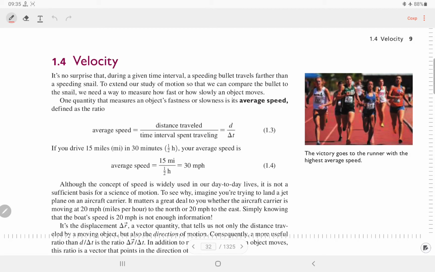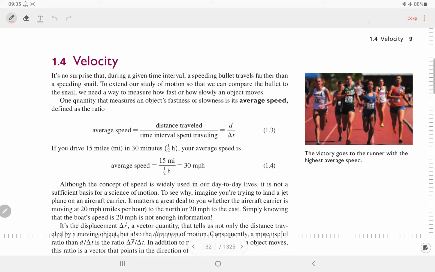This is not velocity because there is no information about direction. You need to draw it, for example, 10 meters per second. So this will be velocity because there is information about its direction. It's moving to the rightward, for example, or it's moving upward. Then this will be velocity.